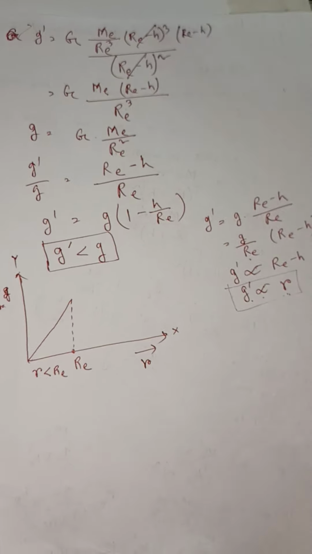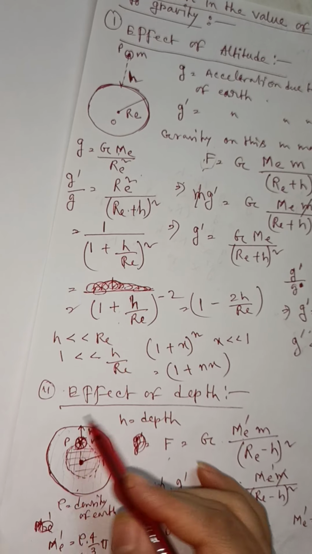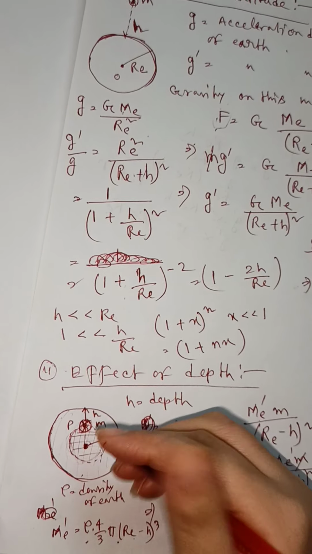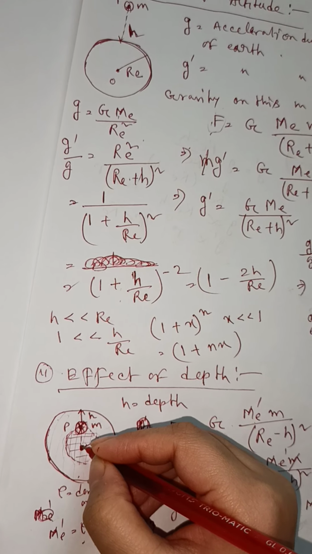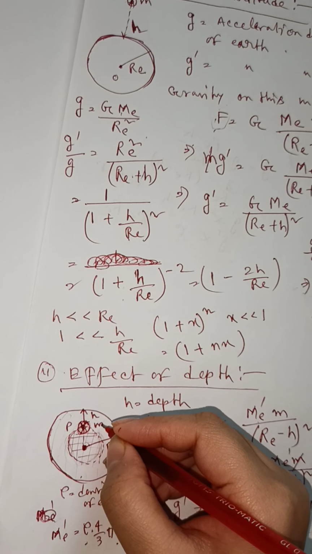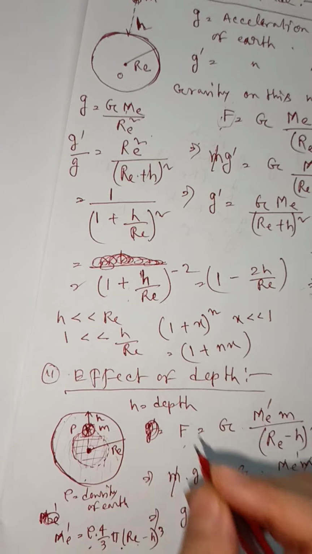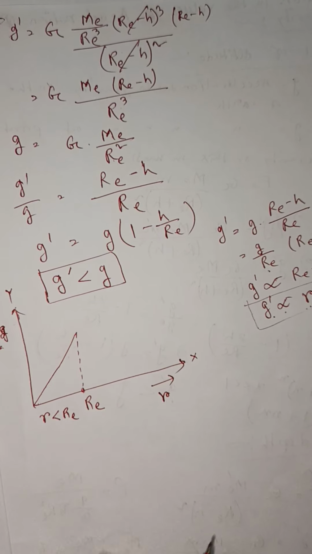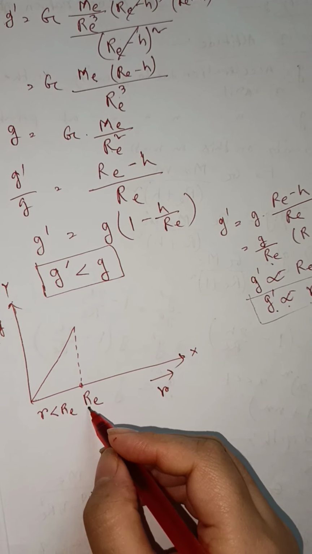That means if the body is inside the Earth and r increases, that means the body is moving towards the surface of the Earth, then g will also increase.